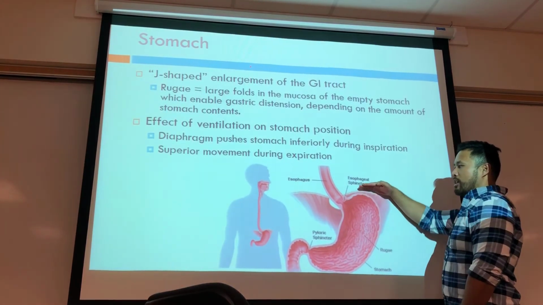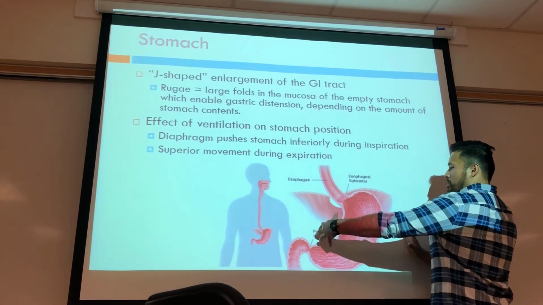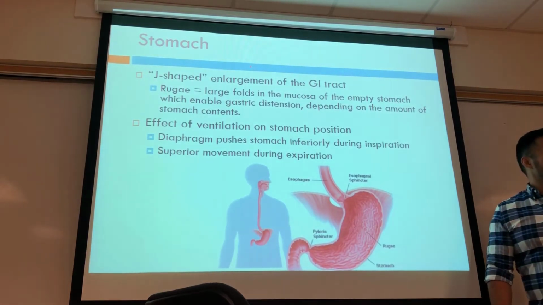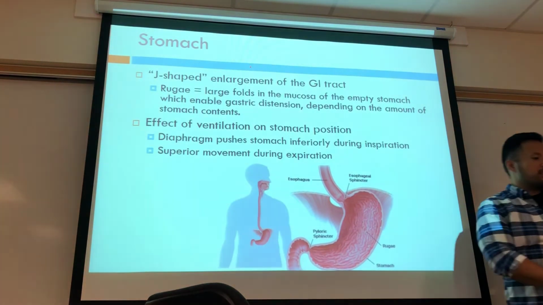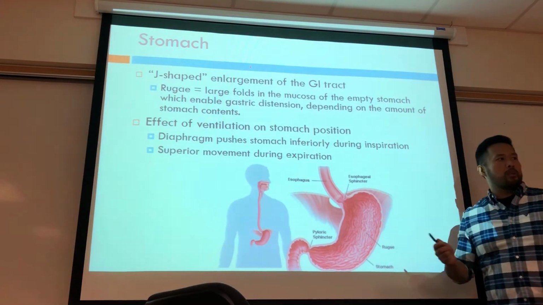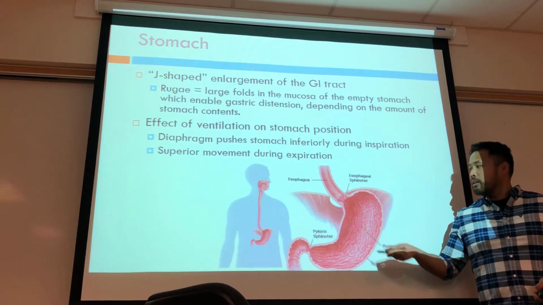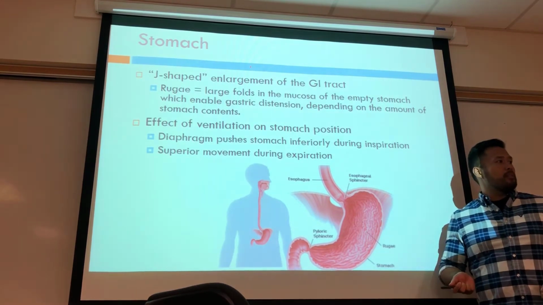At the same time, with inspiration, you're trying to push down on something that already has quite a bit of pressure. This isn't so much of an issue in healthy patients, but it's a particular issue for those that have respiratory issues. They're told not to have heavy meals because it's going to be harder to breathe.